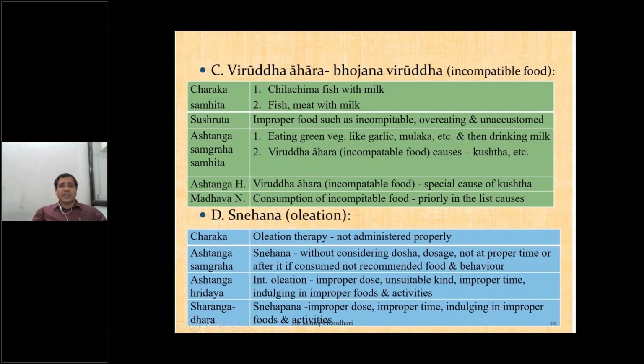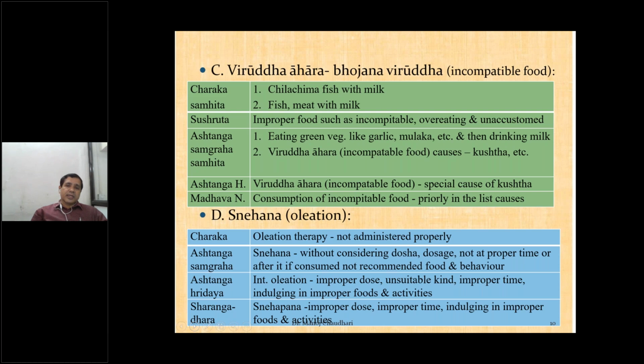Ashtanga Sangraha Samhita: now you will be surprised to know that eating green vegetables like garlic and moolak, and after that drinking milk, this kind of sequence is incompatible, causing skin disease. Again, other things are also described in Viruddha Ahara.